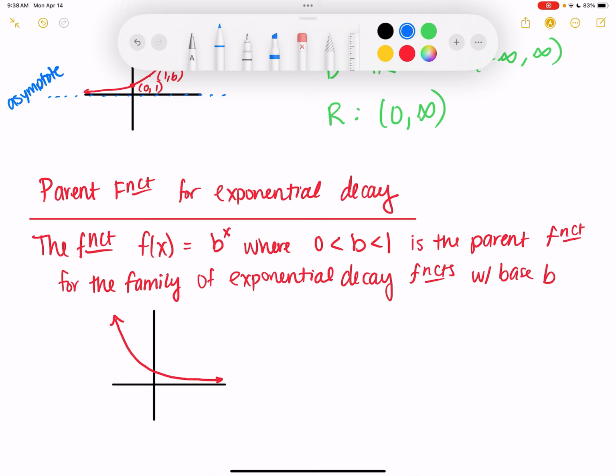We still have an asymptote here that can't be crossed. We have the points (0, 1) and (1, b).